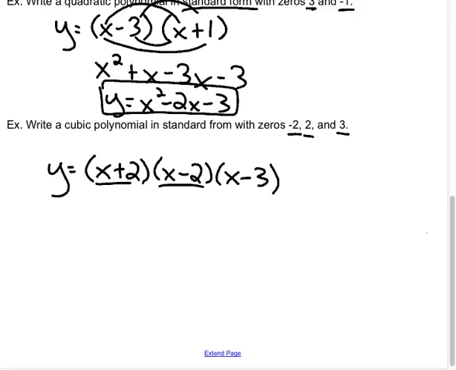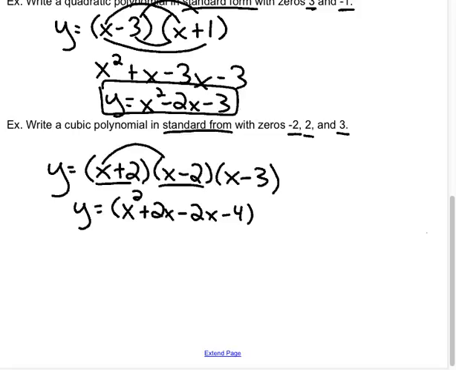Those are the ones you want to FOIL together first, because to get to standard form, you need to FOIL this out. So FOILing that out gives me x squared plus 2x minus 2x minus 4, right? x squared, 2x minus 2x, negative 4.